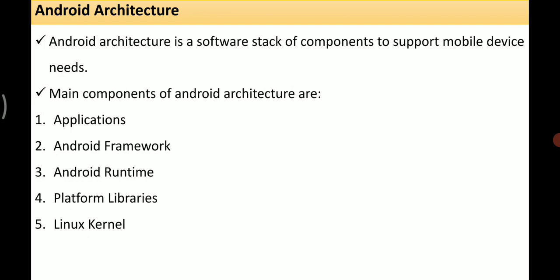The main components of Android architecture are applications, Android framework, Android runtime, platform libraries, and Linux kernel. Of all these components, the main component is the Linux kernel. This Linux kernel is used to provide its operating system functions to mobile and the Dalvik virtual machine, which is responsible for running a mobile application.